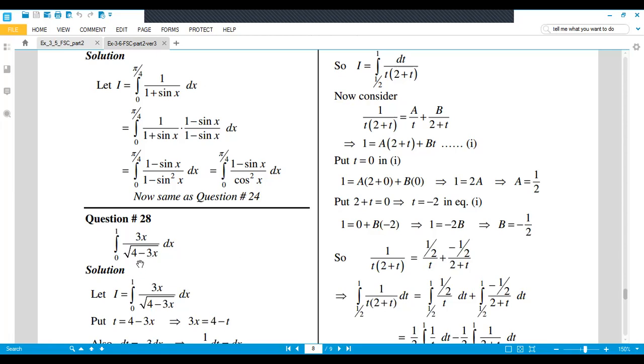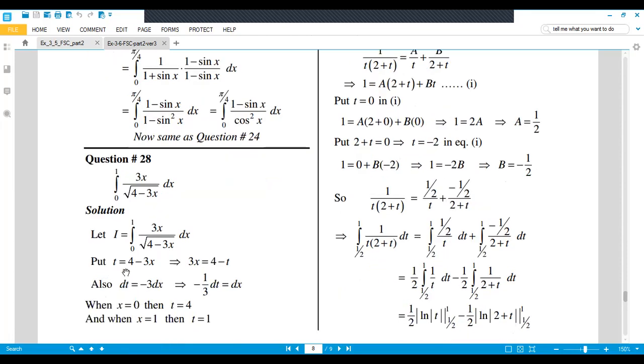Here you have 3x under root 4 minus 3x. So we suppose that 4 minus 3x is t, and here 3x shifted to the other side, t to this side, so 3x is equal to 4 minus t.